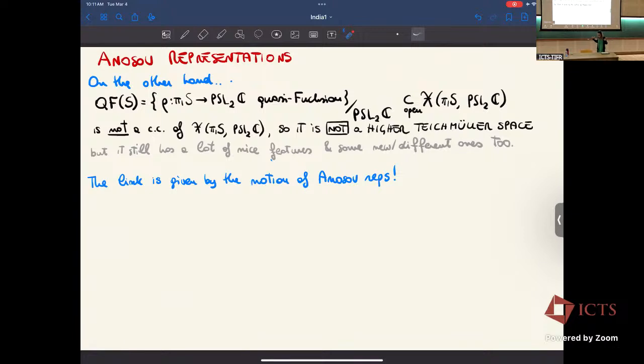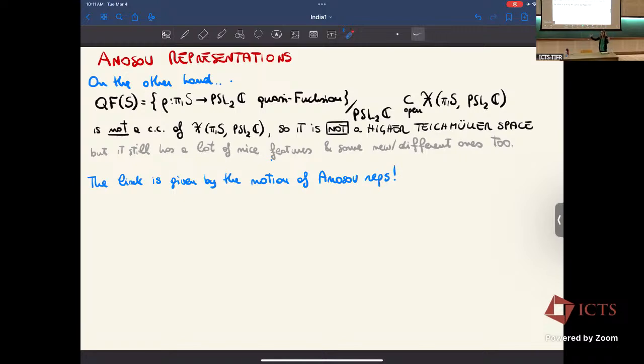Okay, so on the other hand, I spent all the time before convincing you, and other people did before me, that quasi-Fuchsian representations are really interesting. Well, quasi-Fuchsian representations are not an example of a higher Teichmüller component, because in the same component where you have quasi-Fuchsian representations, you can deform and arrive at the trivial representation.